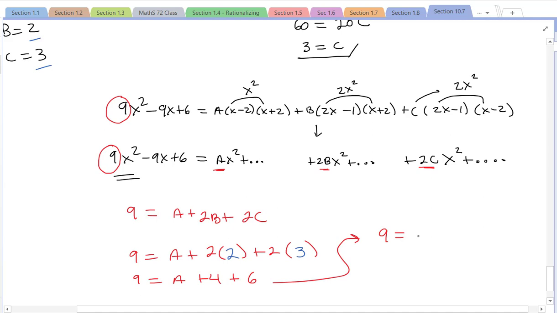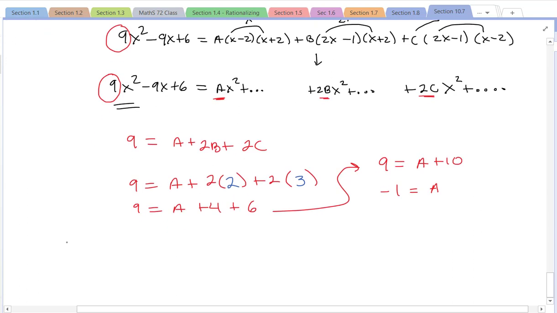So 9 is equal to a plus 10, which means, subtracting 10 from both sides, a is equal to -1. And so now we have our 3 constants. That means a is equal to -1, b is equal to 2, and c is equal to 3.